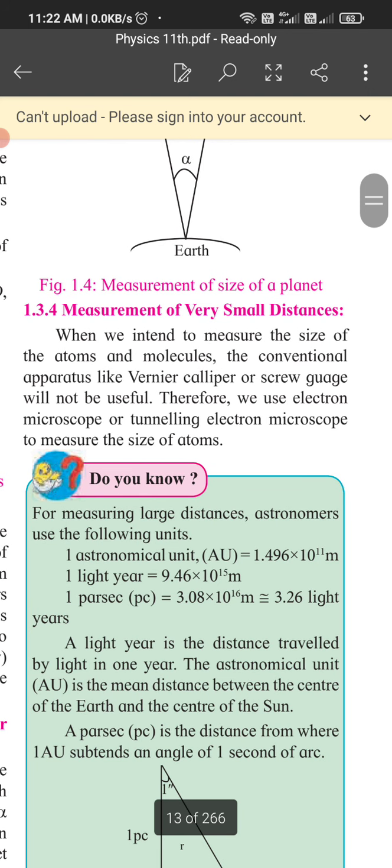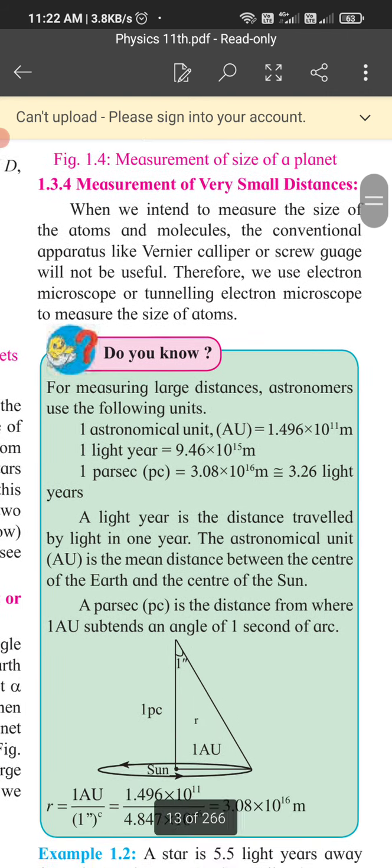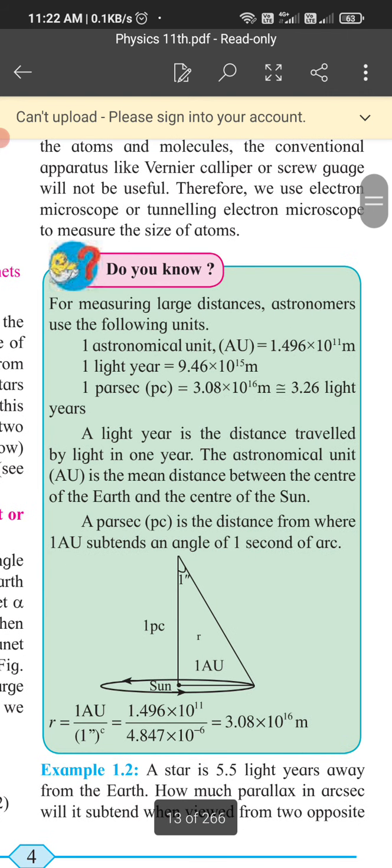A light year is the distance traveled by light in 1 year. 1 parsec is the distance at which 1 AU subtends an angle of 1 arc second. So 1 parsec is equal to 1 AU upon 1 arc second.